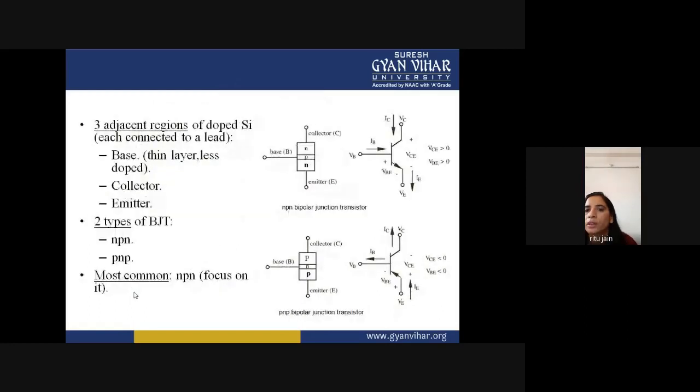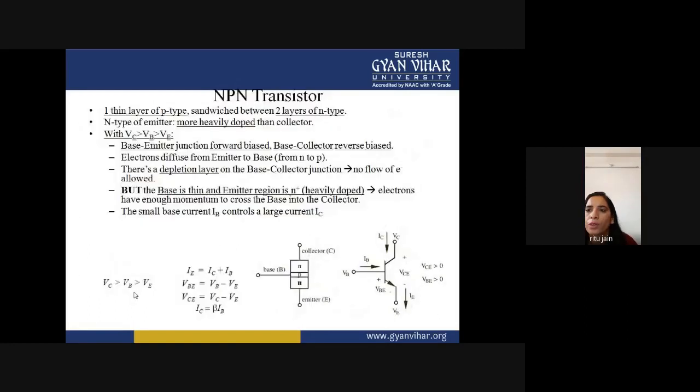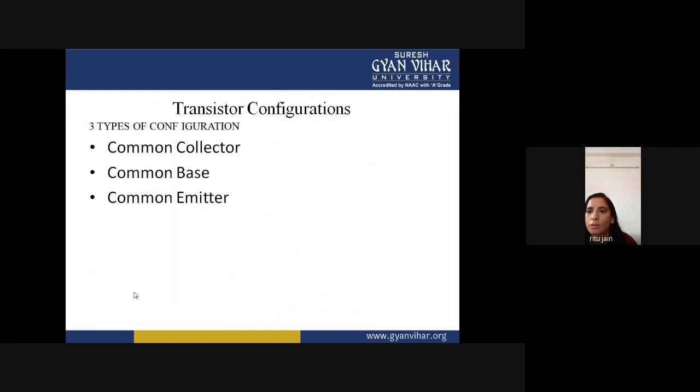Okay, and there are two types of transistor, NPN and PNP. So we have discussed the NPN transistor, which is very important, and it is mostly used in various applications of transistors. Now, transistor configuration. Actually, a transistor works in three configurations. One is your common collector, another one is your common base, and the third one is your common emitter.